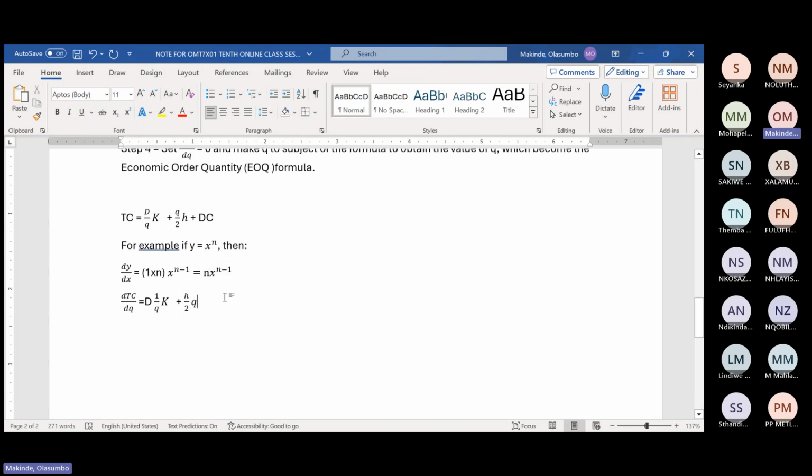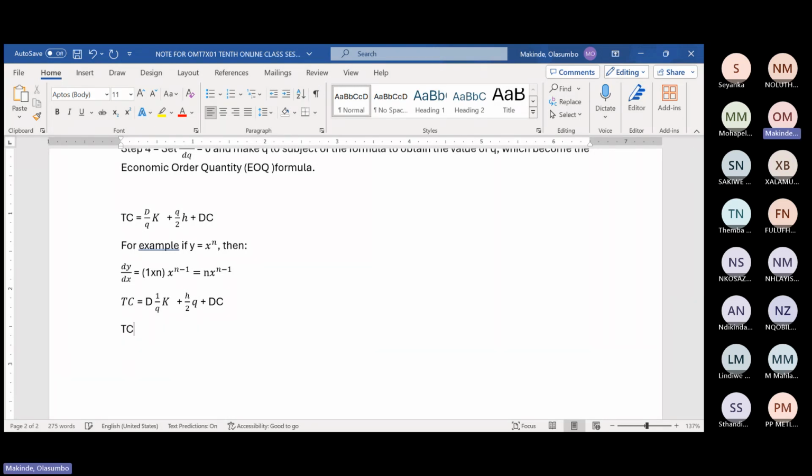Then the last one doesn't have Q, so I can write it back, which is DC. I'm just trying to re-express my TC so that Q can stand alone, not in a fraction, but as a standalone item.